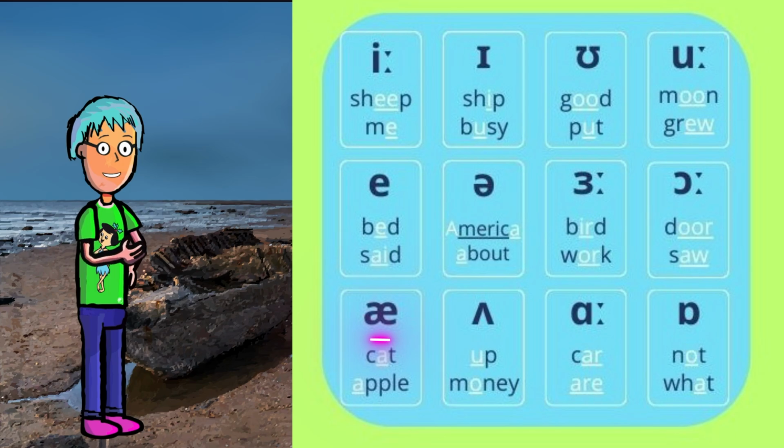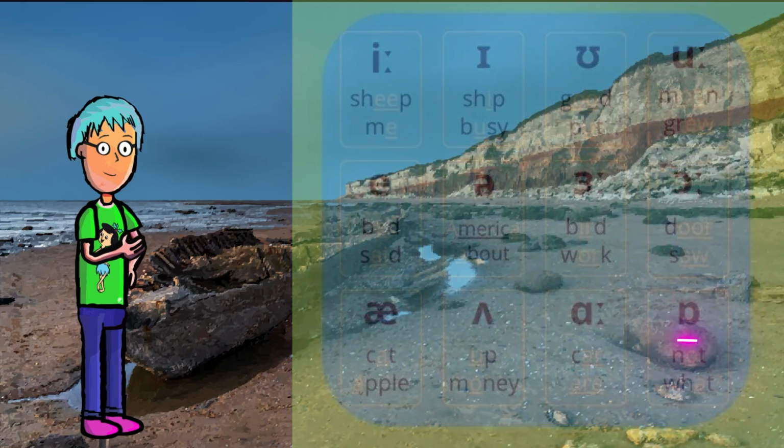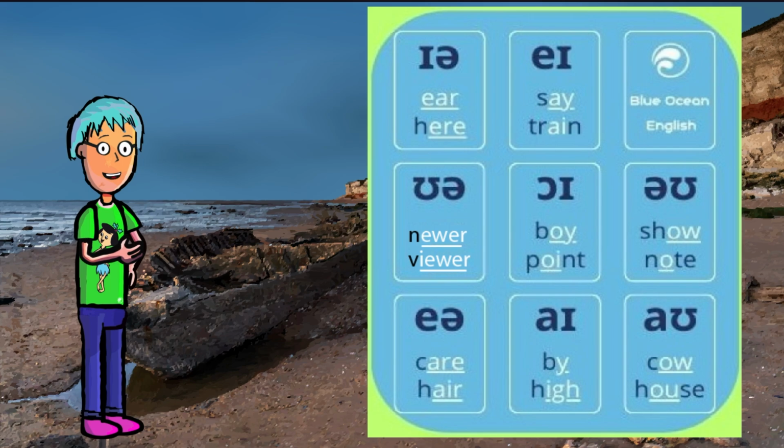Like cat. Like up. Like car. And like not. So that's all the single vowel sounds. Now let's move on to the double vowel sounds.